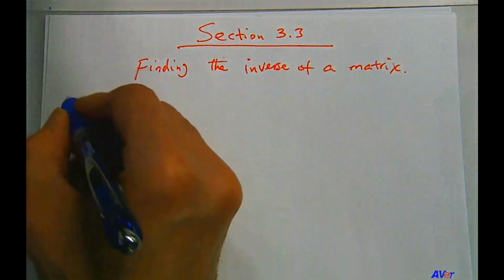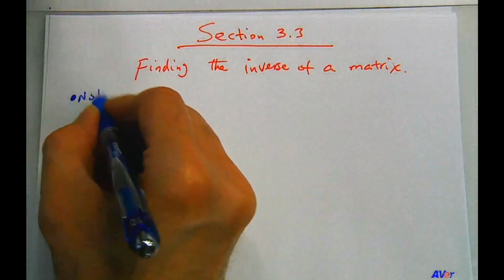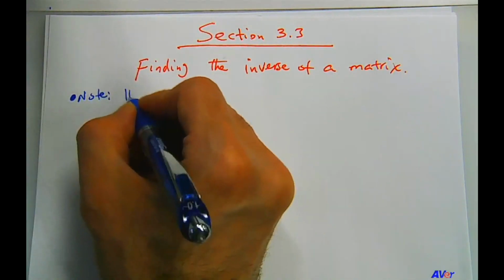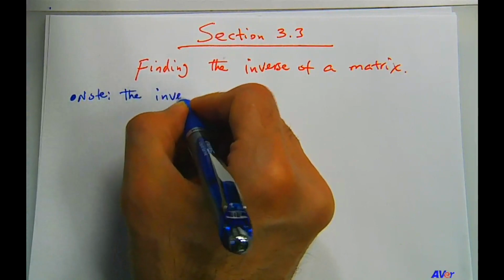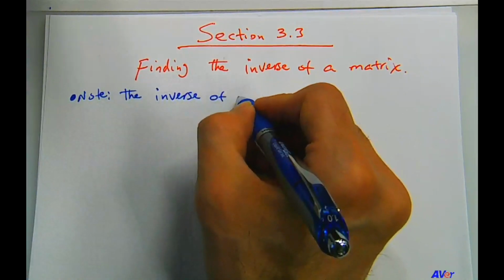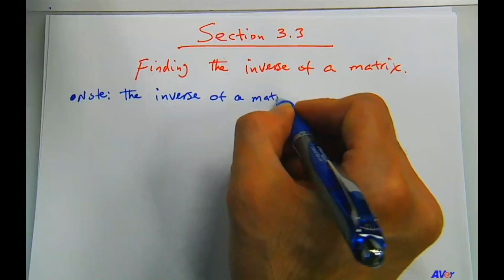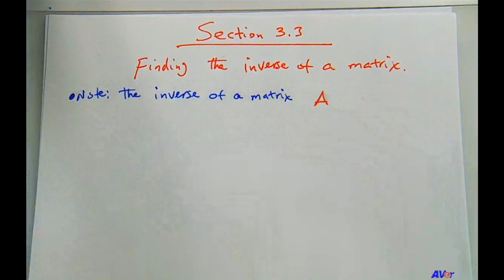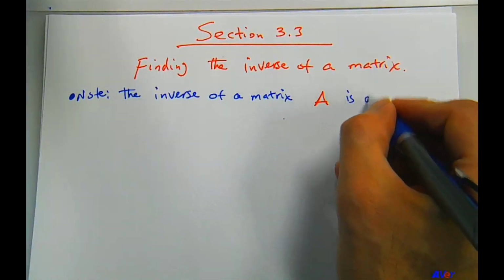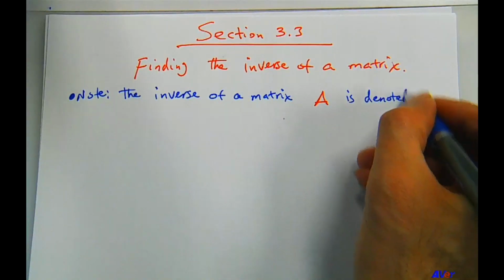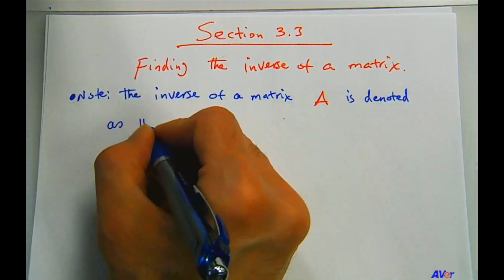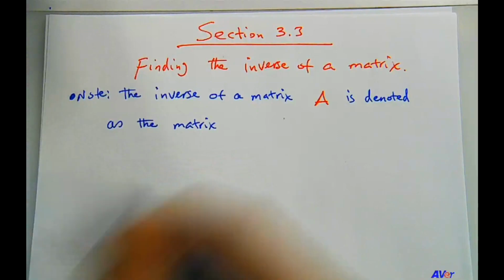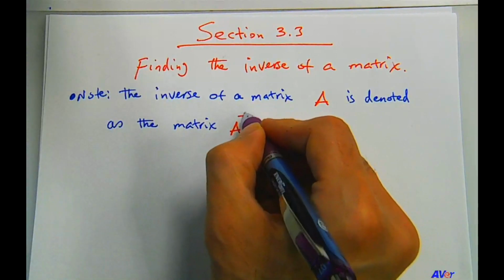Okay, the first thing we want to mention as a note is that the inverse of a matrix, let's call it A, is denoted as the matrix A inverse.